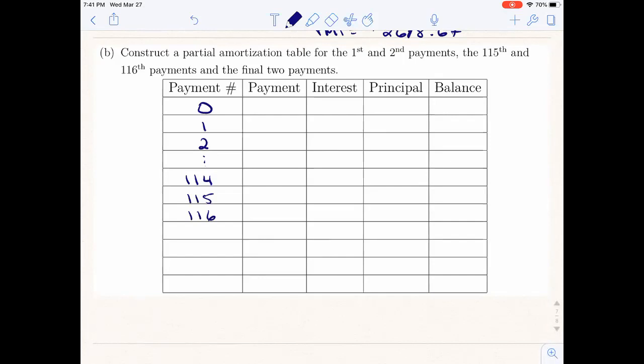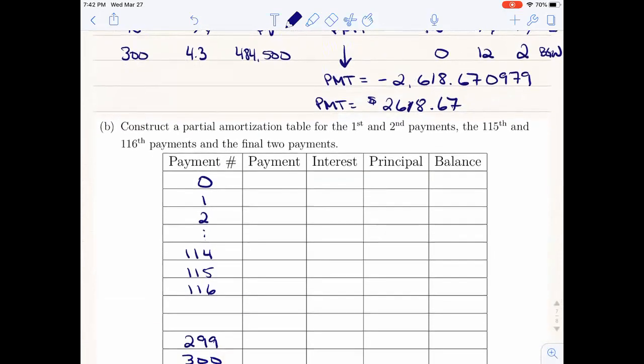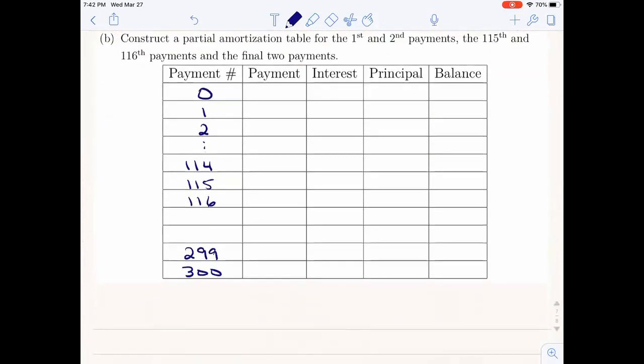We said we had 300 total payments, but we want the final 2 payments. So to get 299, we need the future value at 298, dot, dot, dot in between.